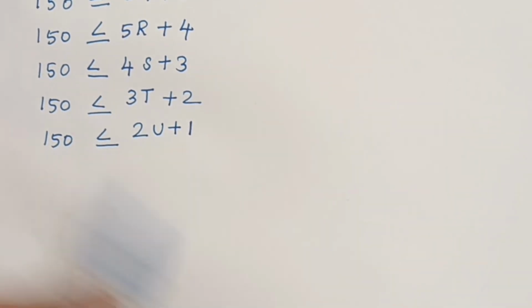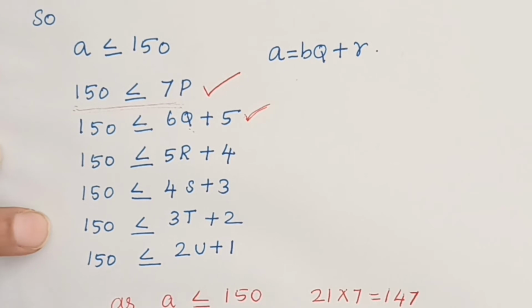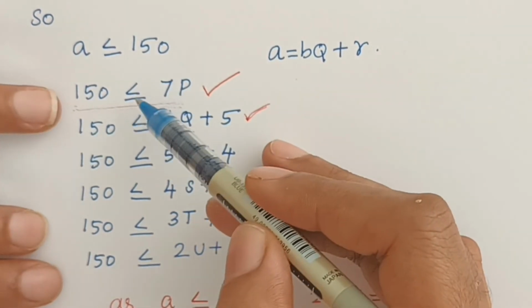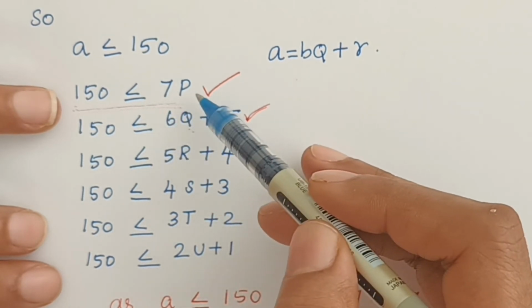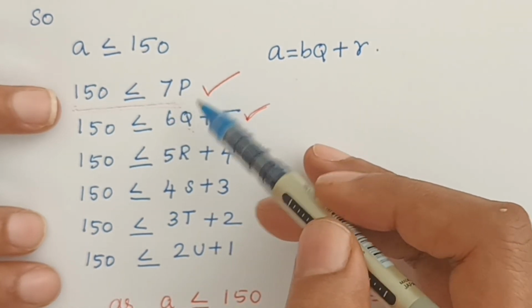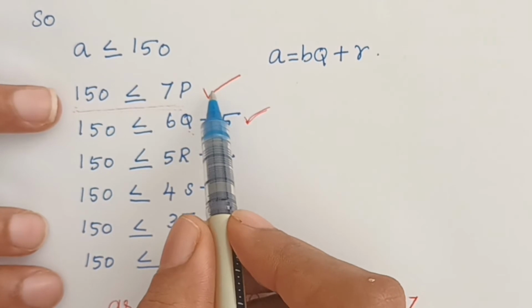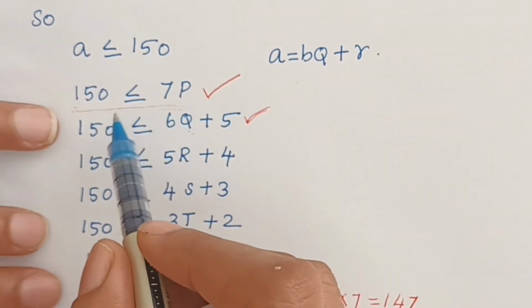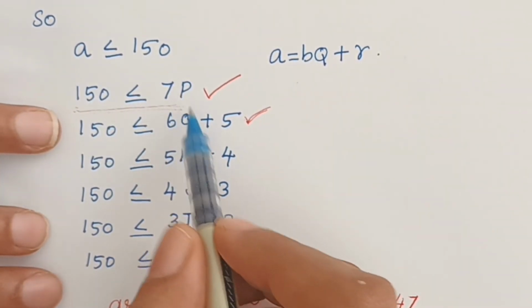As we know that A is less than or equal to 150, we will take 150 less than or equal to 7P as a key point, because here the remainder is 0. With the help of this, we will try to solve this problem.